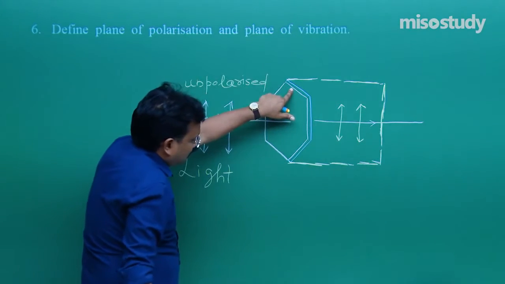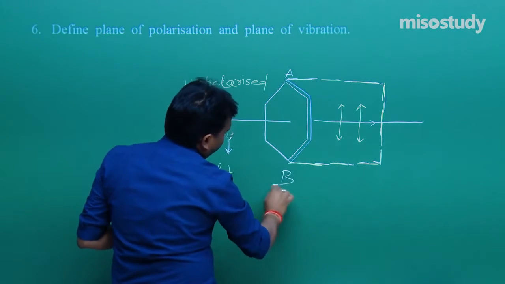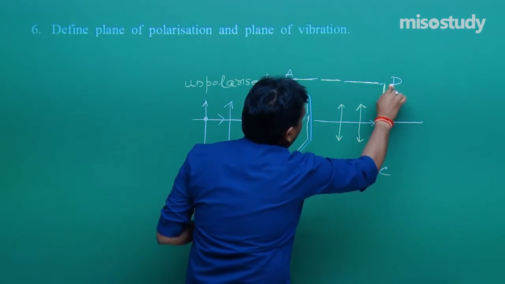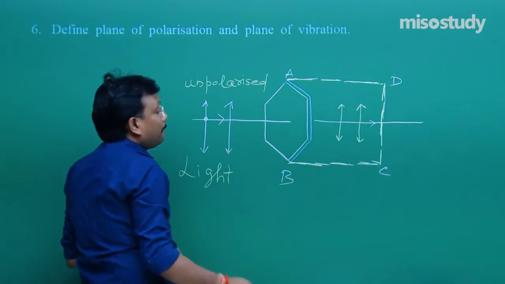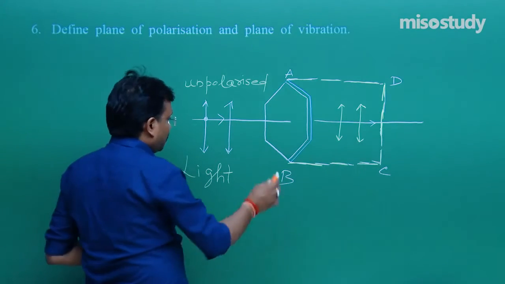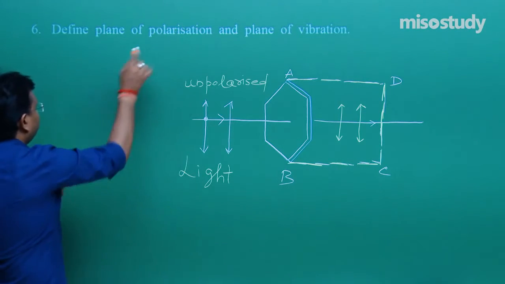So, this portion that you may say A, B, C, D, this plane A, B, C, D is the plane of vibration. So, I think I should write it down over here.